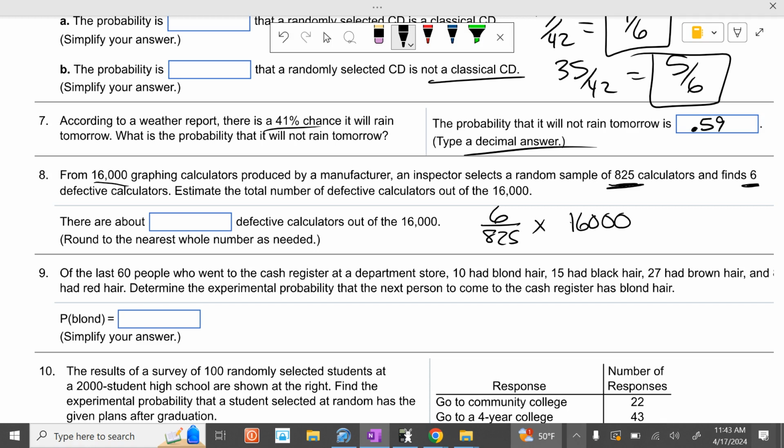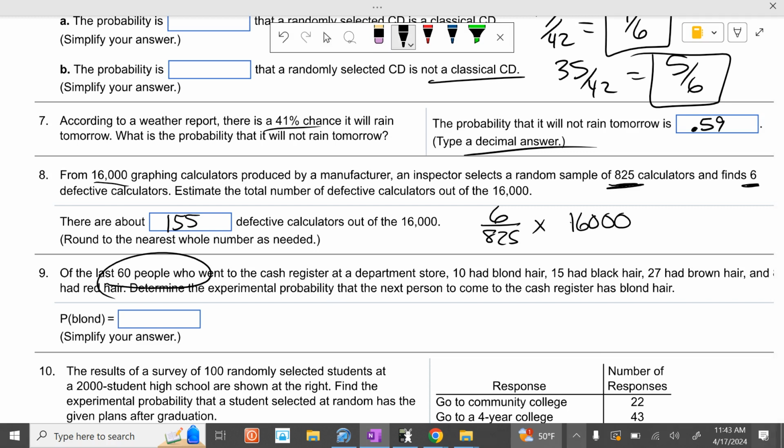So instead of turning this into a decimal, writing down the decimal, clearing your calculator and putting that decimal back in, just take this divided by this times this, and you'll get the right answer. Otherwise, you might get a rounding error if you just round. So if you round to the nearest whole number, about how many are defective? 155 defective calculators.